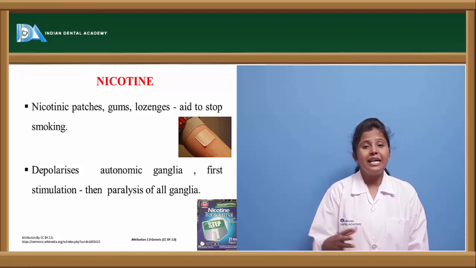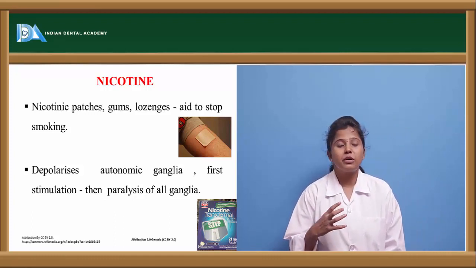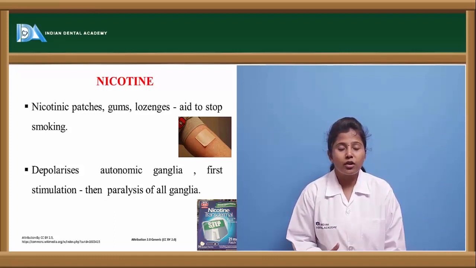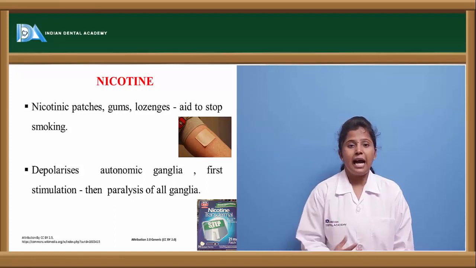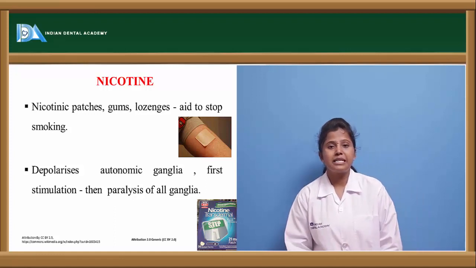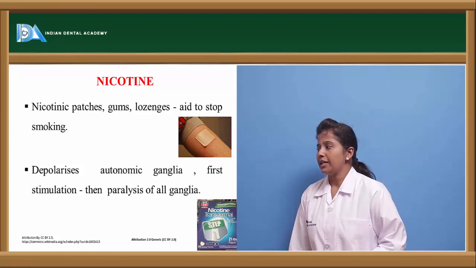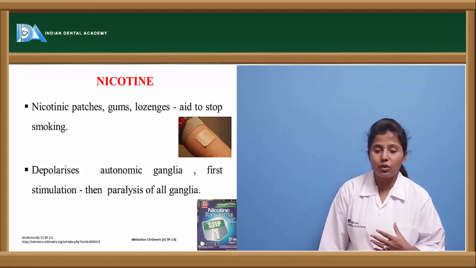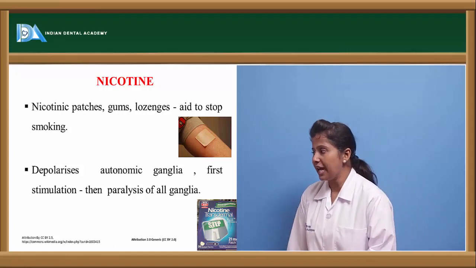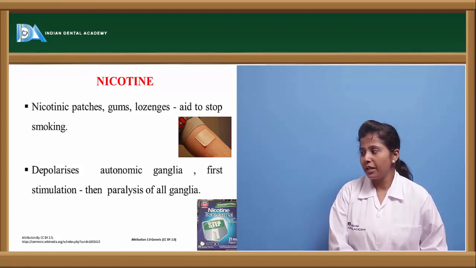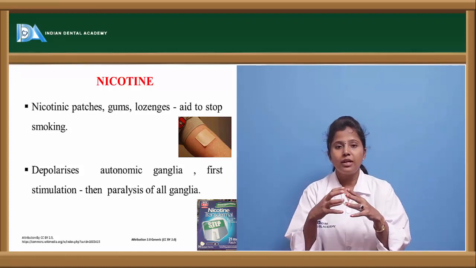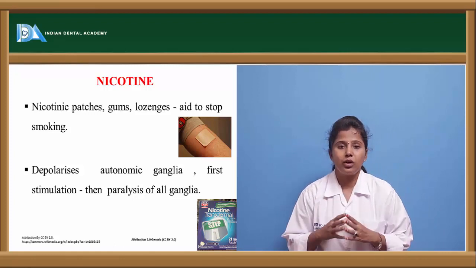Nicotine aids in quitting smoking. If a person is a chain smoker, or has the habit of smoking on a frequent basis, then nicotine is best recommended for that patient. As for the mechanism of action, it depolarizes autonomic ganglia. So here we said ganglionic blocker.